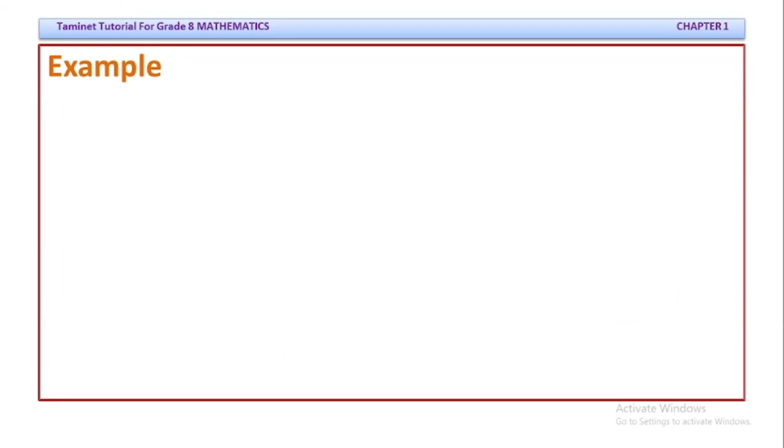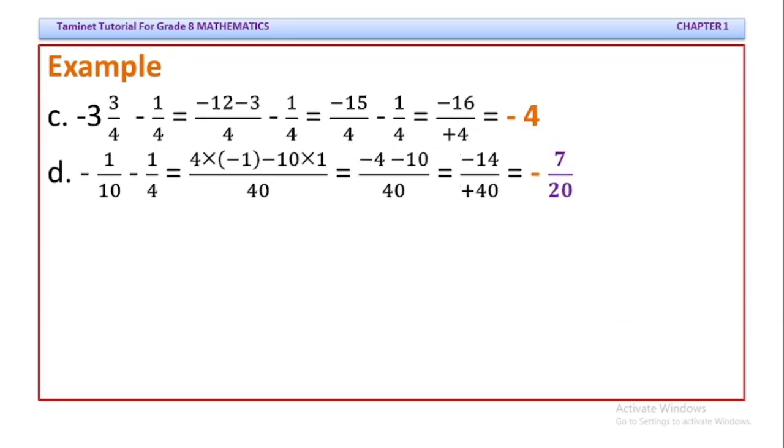Example. So see, negative 3 over 4 minus 1 over 4. The two have the same denominator. Take 1, 4, then multiply 4 by 3, 12, plus 3 is 15.